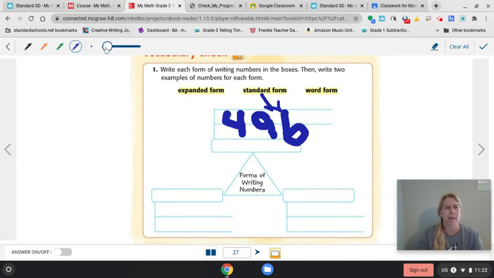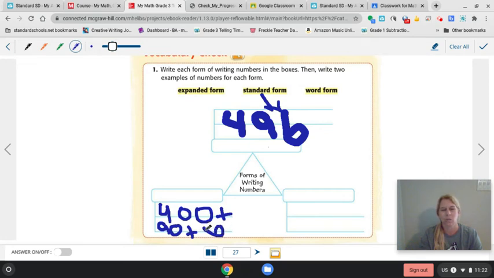If I did expanded form, that's making it long. That's saying, how many hundreds do I have? Well, I have 400 plus, how many tens do I have? 90 plus 6 more.